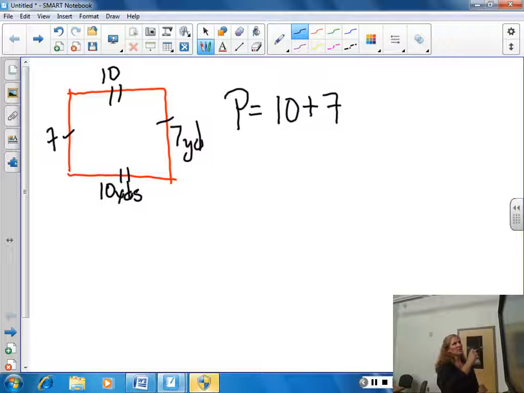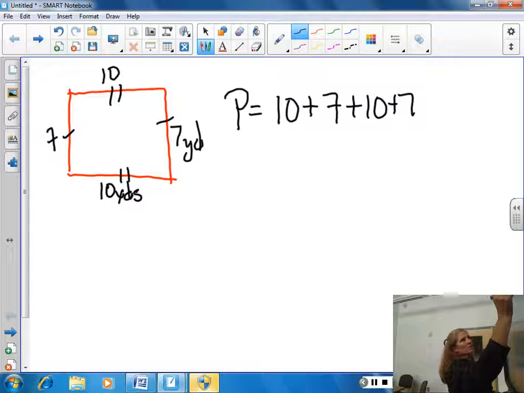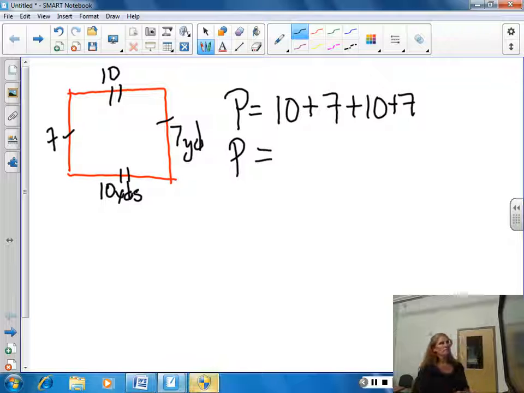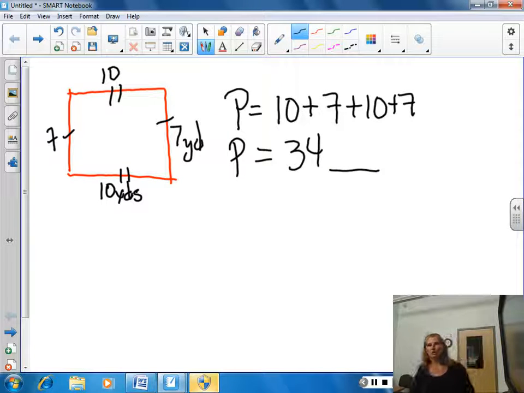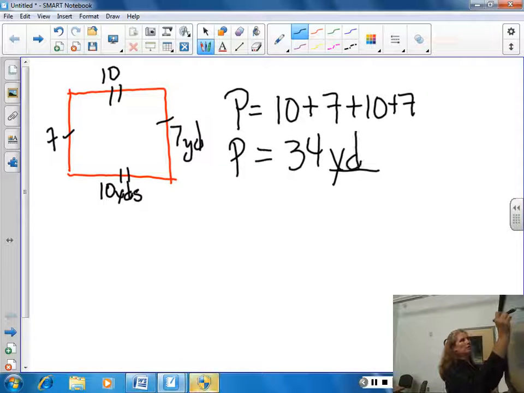So not just 10 plus 7, but another 10 and another 7 to get the perimeter. And the perimeter is going to be 10, 20, 27, 34. And here's where we need to remind you that we need to put units on there. It's not just 34 floating out there in space, it's 34 yards, because that's what we were working with. So you need to put yards.